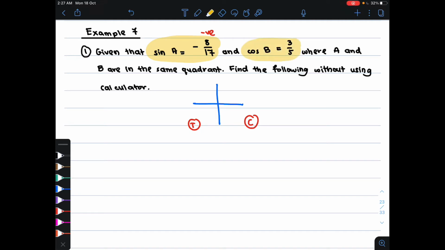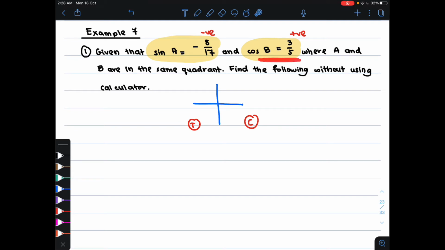And we are also given that cos B is 3 over 5. So here we can see that cos B is positive. Since A and B are in the same quadrant, this means that B should also be in either quadrant 3 or quadrant 4.